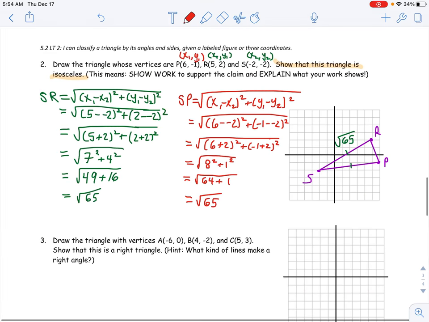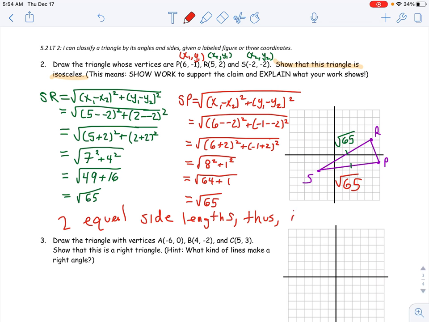OMG. They are both the square root of 65. They both have the same side lengths, therefore it is isosceles. Alright, 2 equal side lengths, thus isosceles.